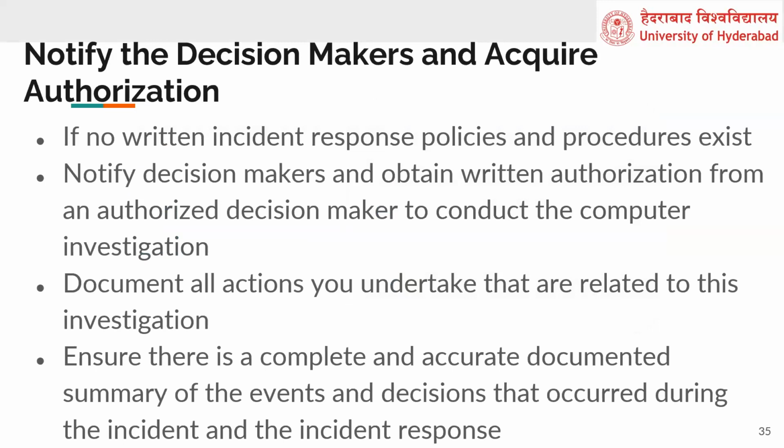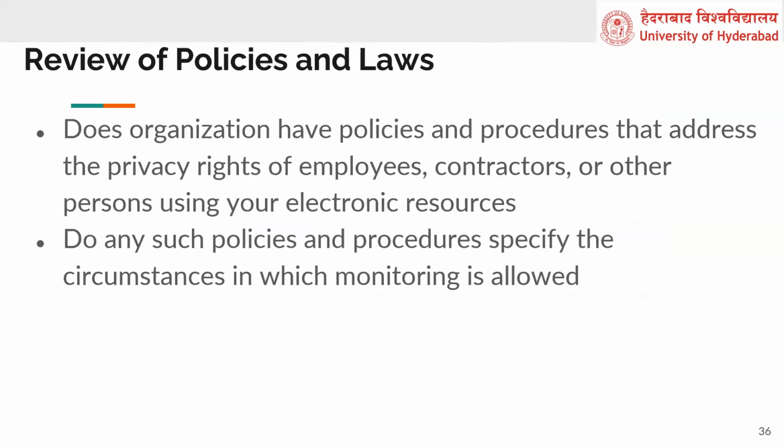Notify decision makers means if no written incident response policies and procedures exist, notify decision makers and obtain written authorization from an authorized decision maker to conduct the computer investigation. Like this, there are steps related to notifying the decision makers to acquire the authorization.